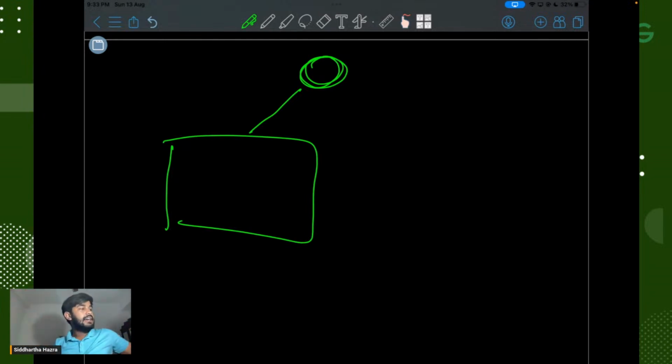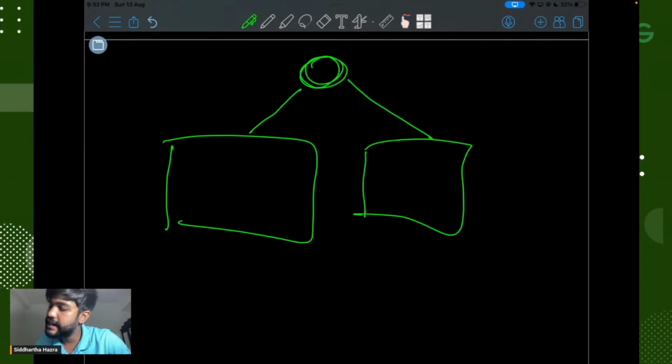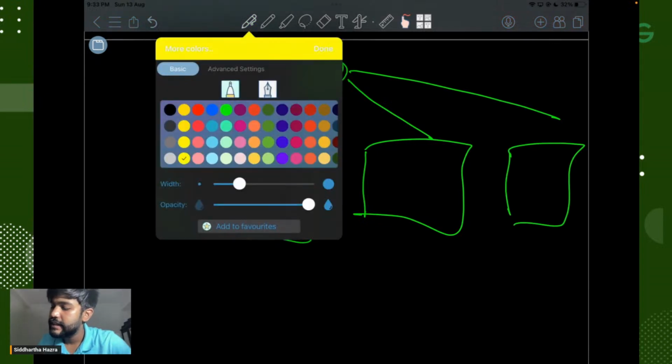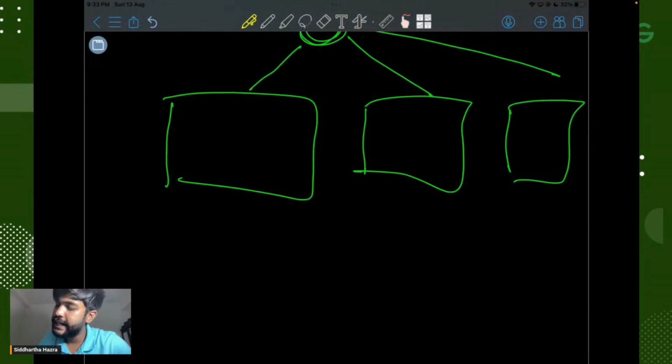This side is the left side of it, and this side is the right side of it. Let's not jump ahead, let's first talk about intuition.